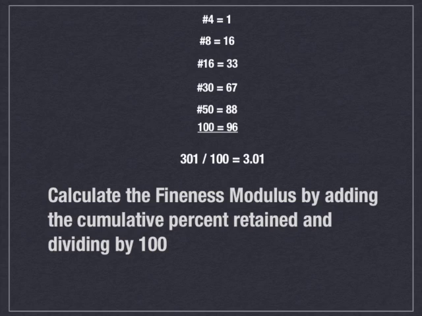Here we would wind up with an FM of 3.01. Now, the higher the number, the coarser the material. So it is important to note that this is only an index. In other words, we could have the same FM for different graded material. However, getting the FM on the fine aggregate is critical for mix proportioning when we blend our sand with the coarser aggregates.